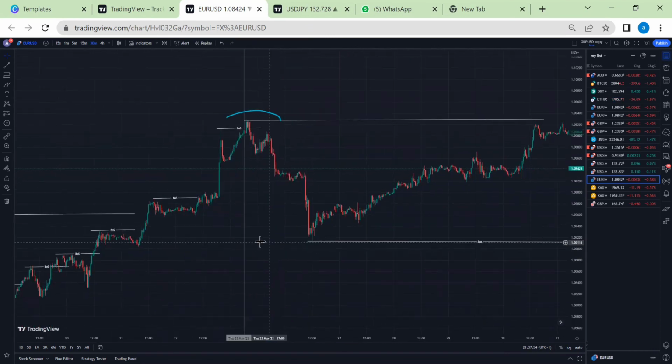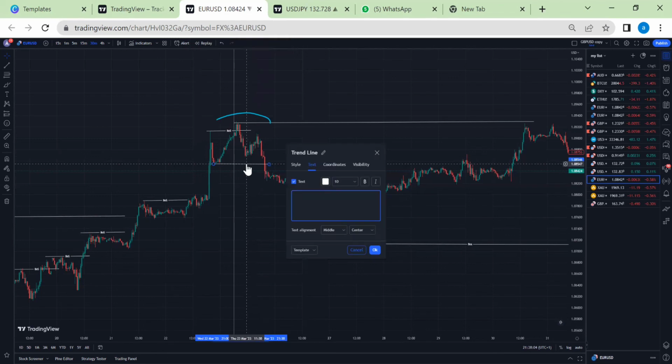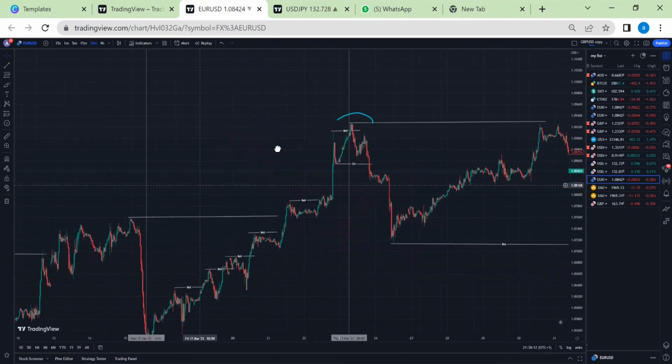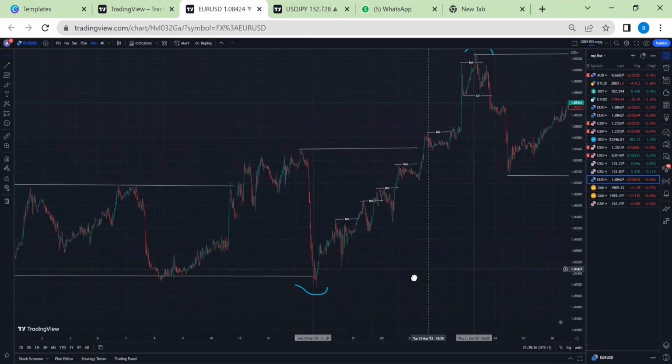Okay? Until this got broken. And here we have change of character. Do you see? Can you see it? Now let's look for where we are having a reversal, a pullback.